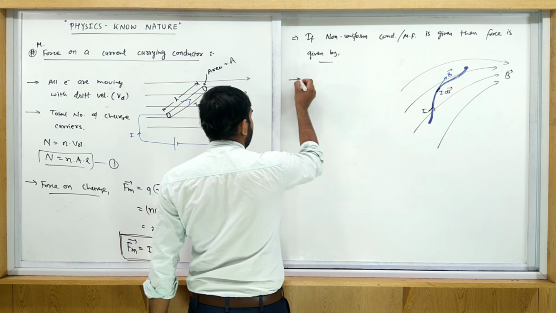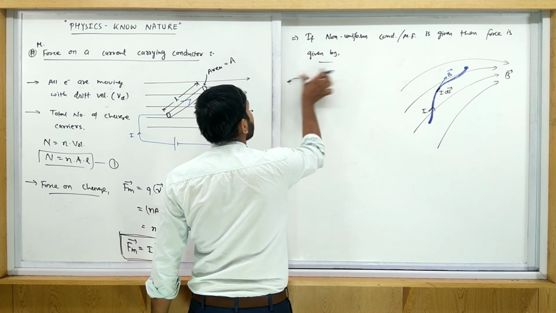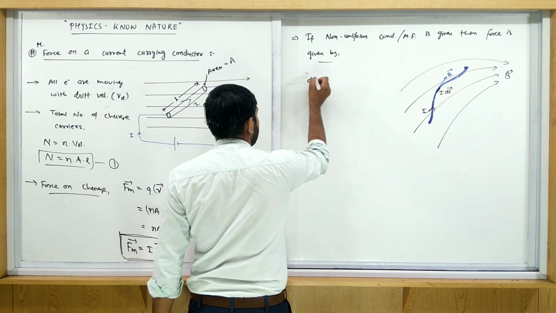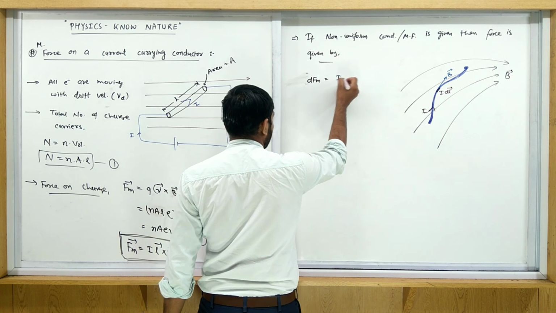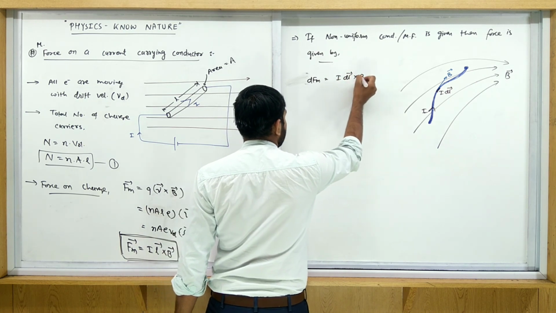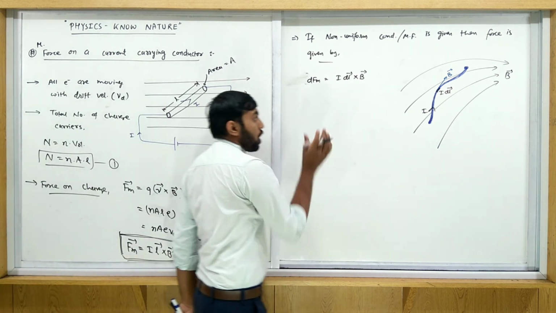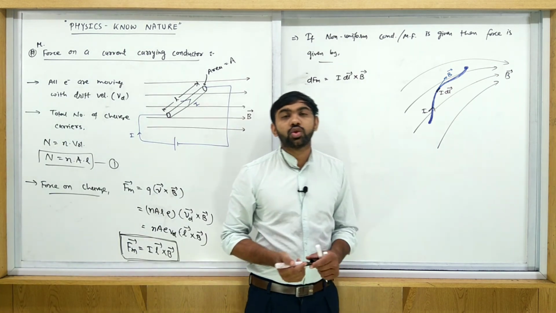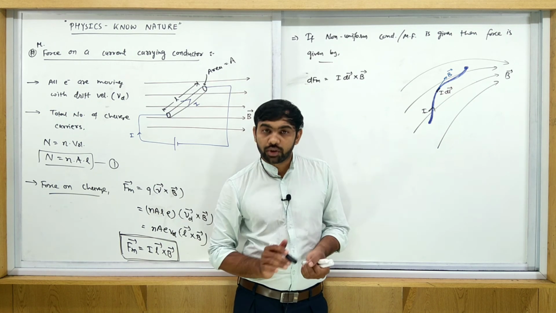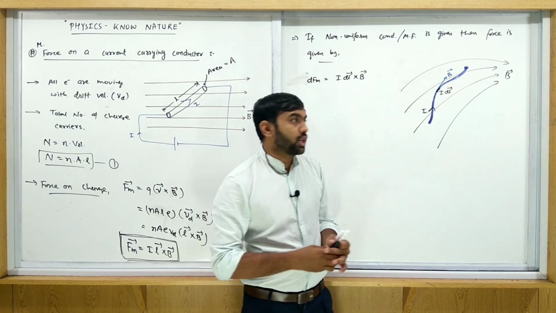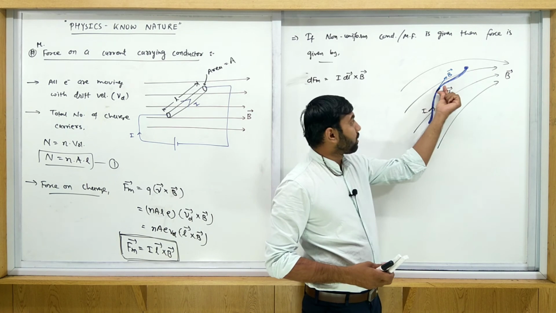The force on an element is given by dFm equal to I dl cross B. This equation is written in this format when the conductor is non-uniform or the magnetic field is non-uniform: the force on a small element.